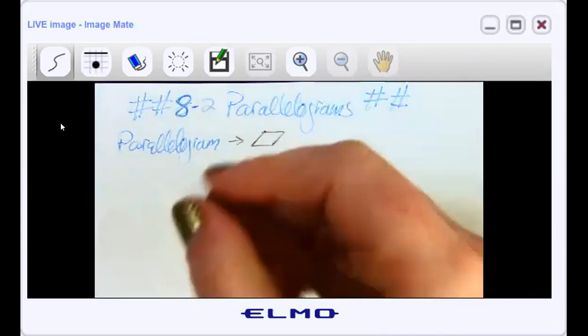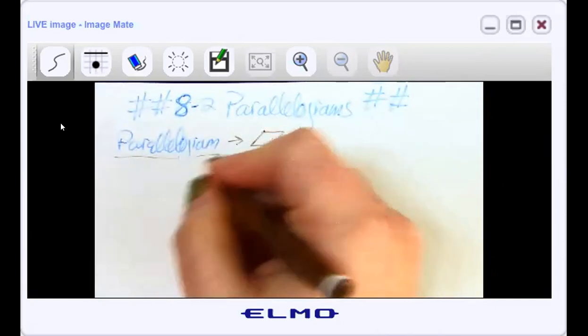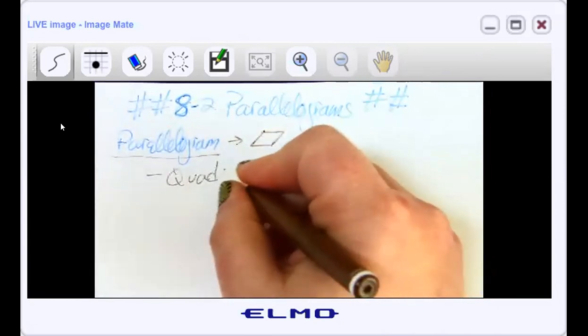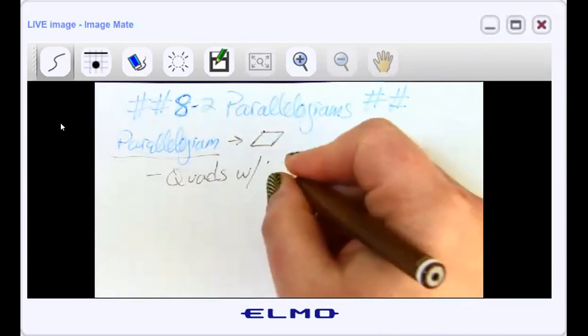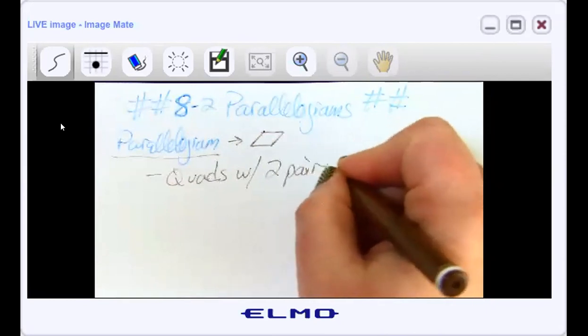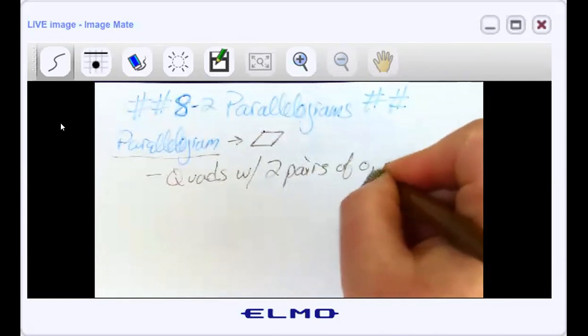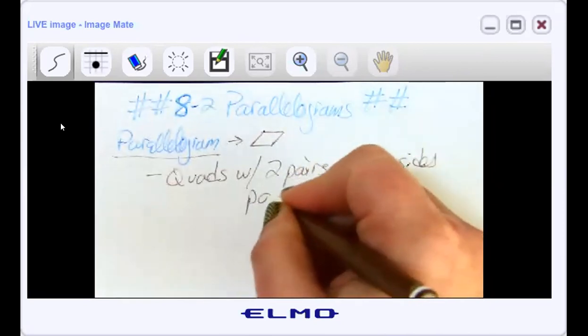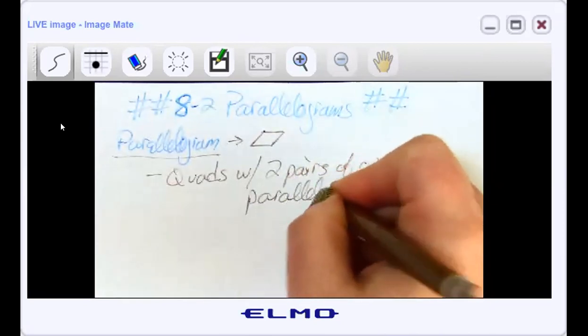Okay? So parallelograms are quadrilaterals with two pairs of opposite sides parallel. That's my definition, okay?